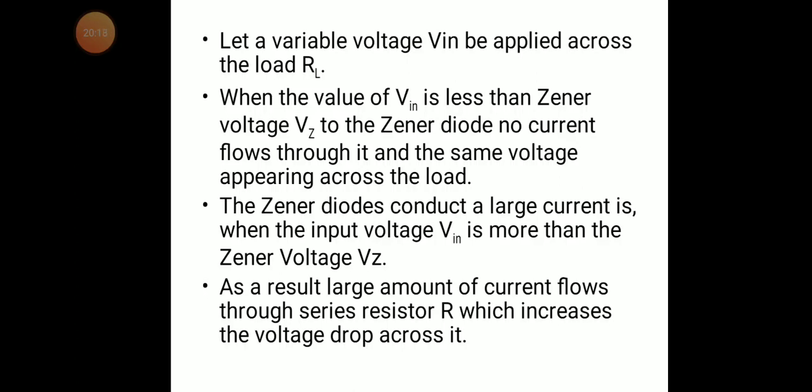Large current flowing through the diode means it is also flowing through the series resistor R, so a large voltage drop occurs across the series resistor.